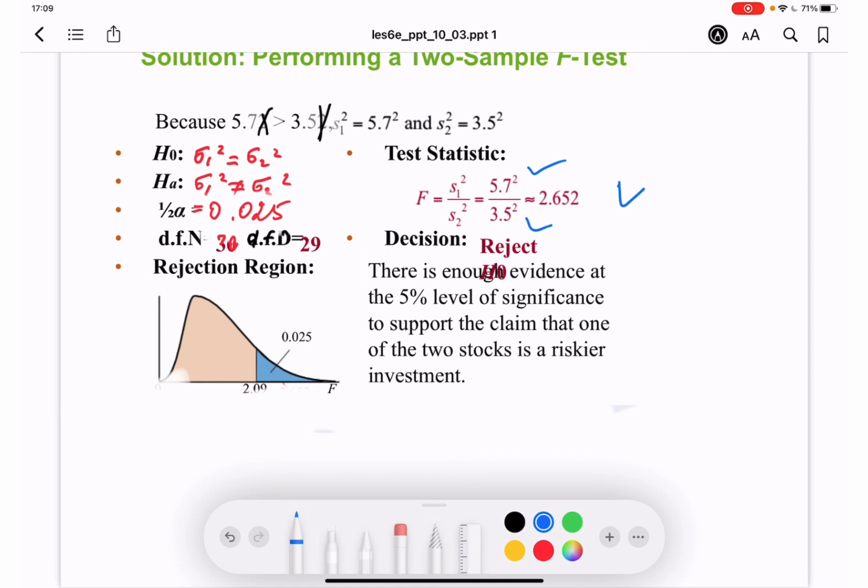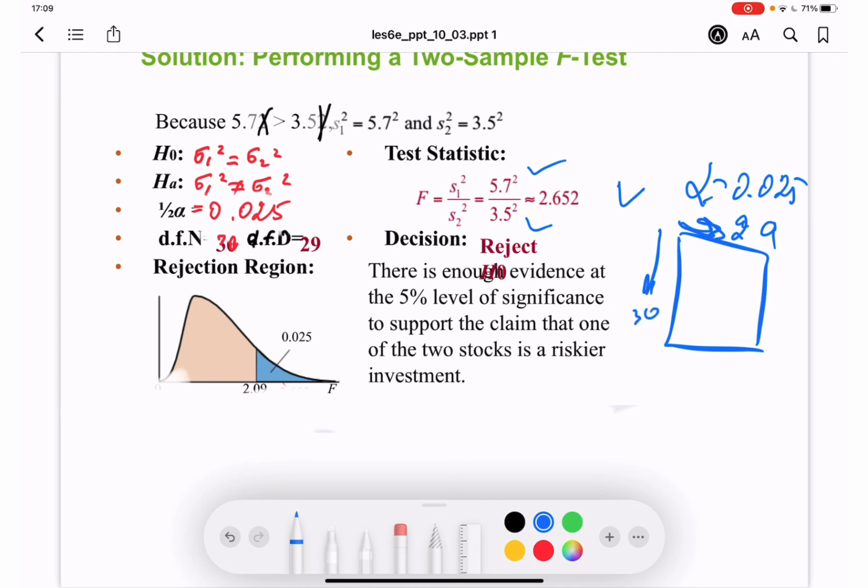And what do we see here? With 0.025, half of alpha, right? Alpha equals 0.025. The degree of freedom this way is going to be 29, and this way the degree of freedom is going to be 30.